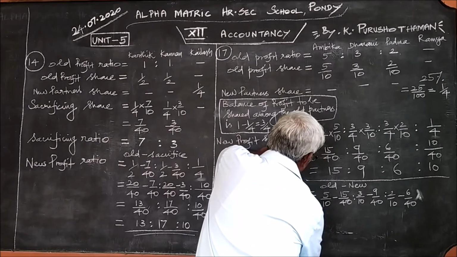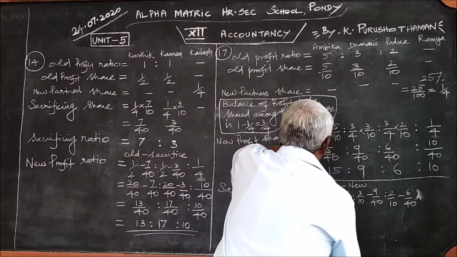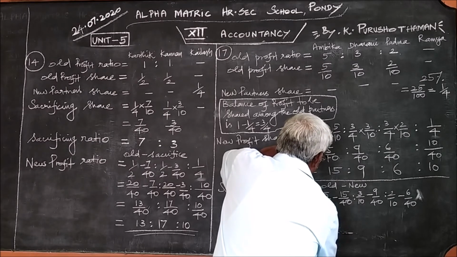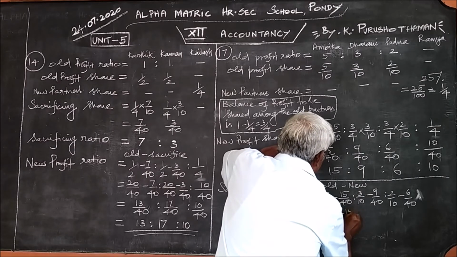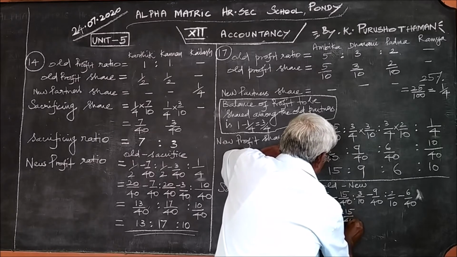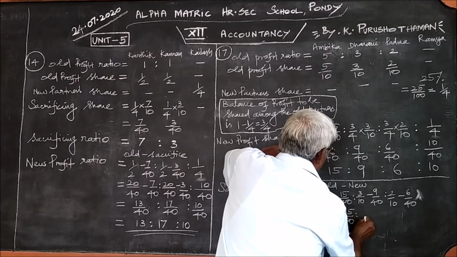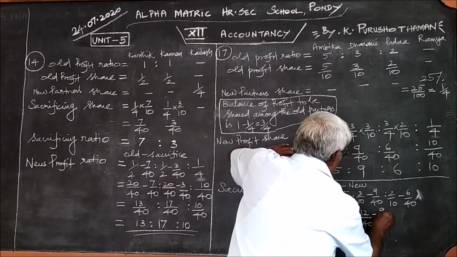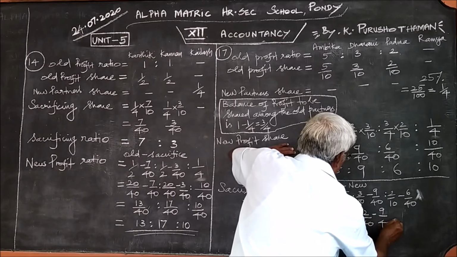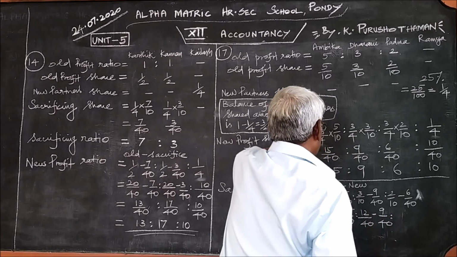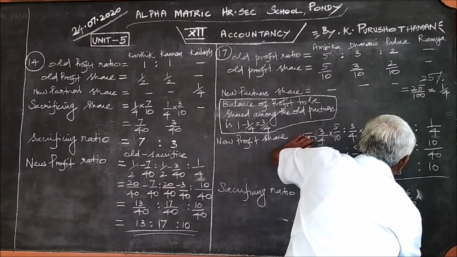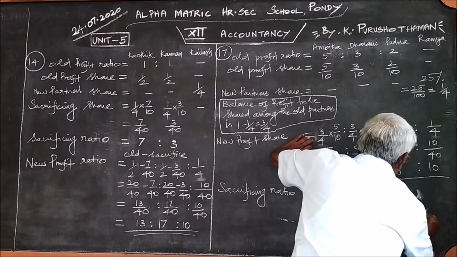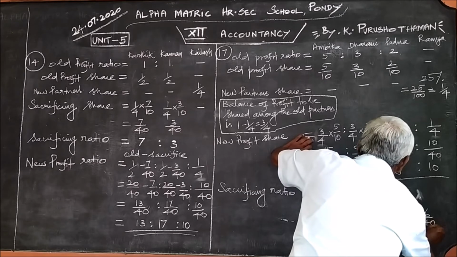Now you can find the common denominator. 4 tens are 40, 4 fives are 20, minus 15 by 40. 4 tens are 40, 4 threes are 12, minus 9 by 40. Here also 4 tens are 40, 4 twos are 8, minus 6 by 40.